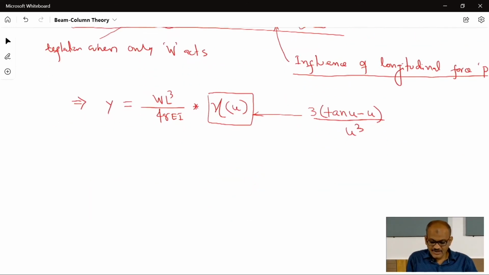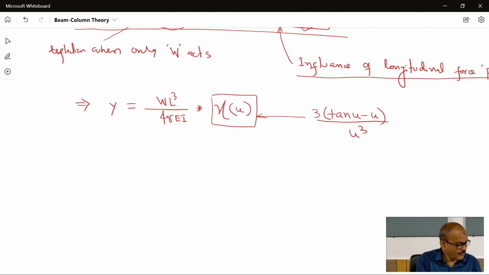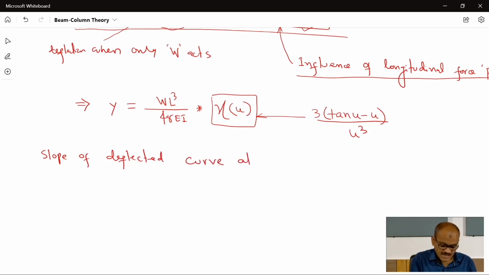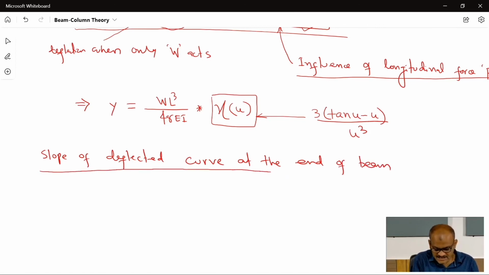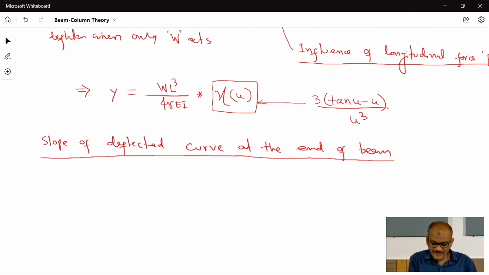Let us calculate the slope of the deflected curve at the end of the beam. Deflected curve means the elastic curve. We will have to find the slope at the end.